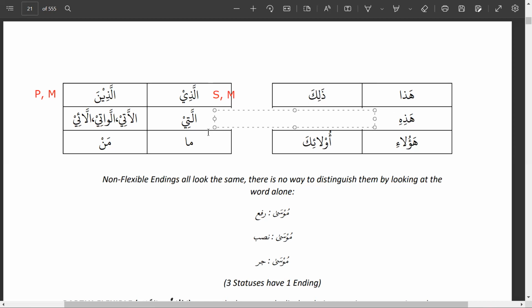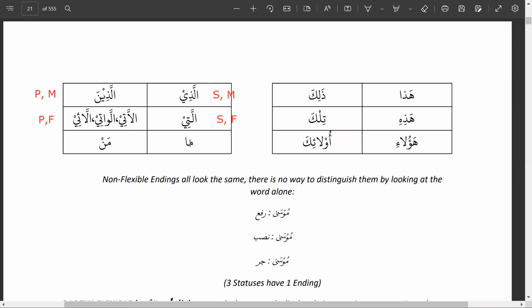So allati is for singular feminine. Okay. And allati, allawati, and allai are three forms of plural feminine. Those who are female, and all of them are female. Are you getting the point?